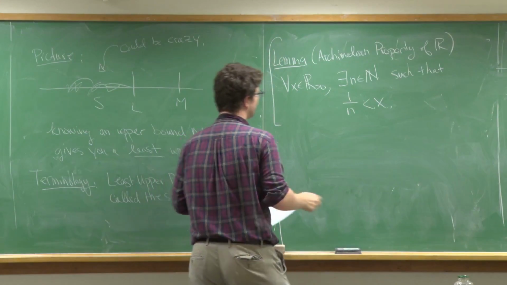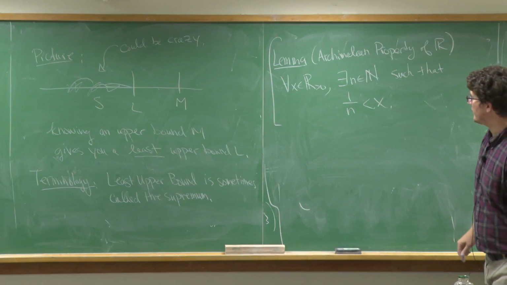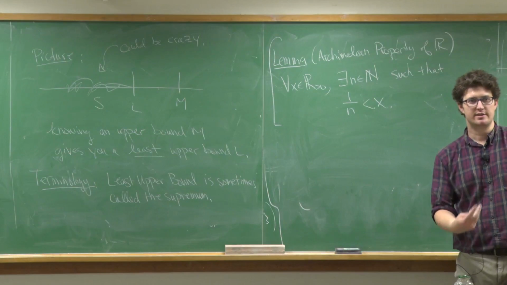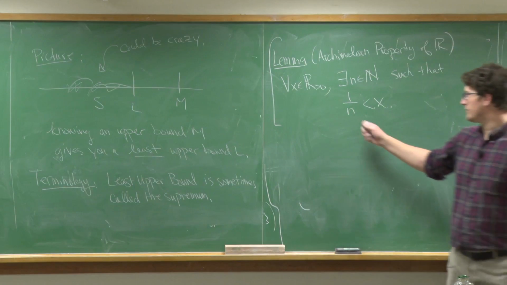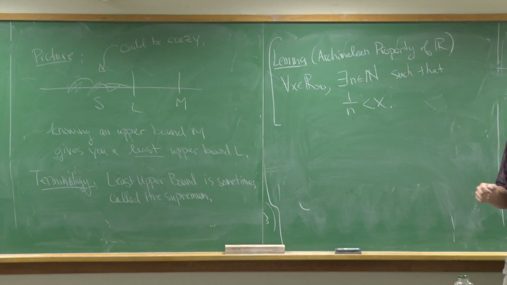So this is an obvious thing to us, right? If you take a large enough integer, 1 over n will be smaller than a given number. You hand me a small number, well, I can always find a 1 over n that's smaller than that.